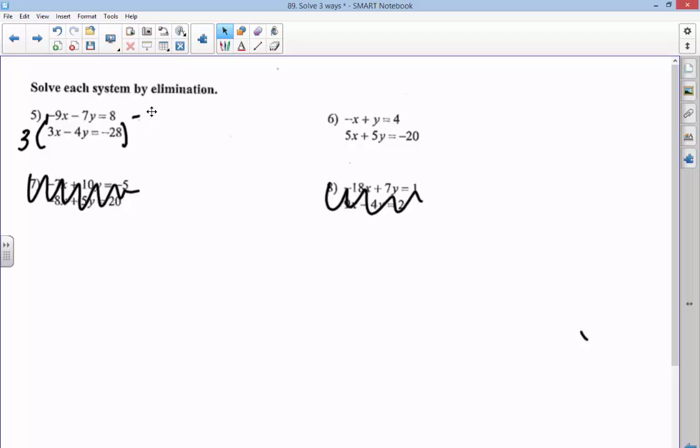So I'm going to rewrite the top. And now, multiplying by 3, you have a positive 9x, which is great because we can add to eliminate. You want the coefficient of the letter the same, yet the opposite.